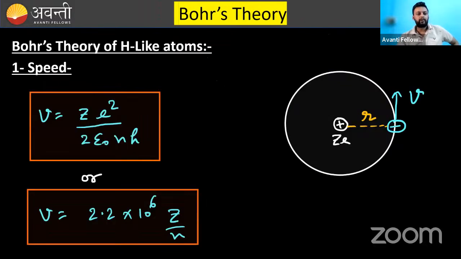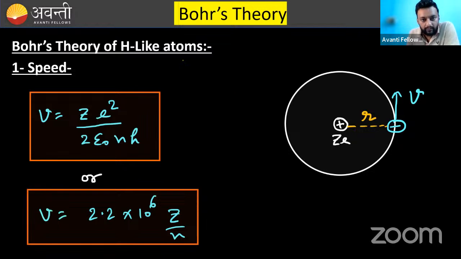Now moving further. There are some formulas that you should remember. I can't help you in that, but I will tell you what you should remember. This is the actual formula. What's happening here? This is a hydrogen-like atom.